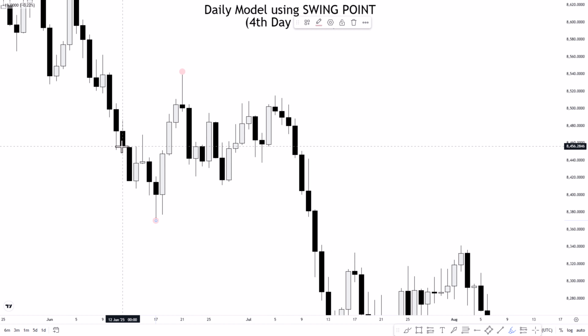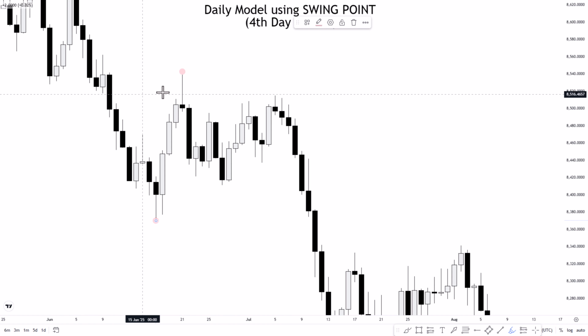There are a lot of swing highs and swing lows in the market, but you have to be specific to the kind of swing high and swing low you are identifying in the market. Most importantly, you have to identify swing highs and swing lows that will move towards the direction of the areas where there is liquidity in the market.